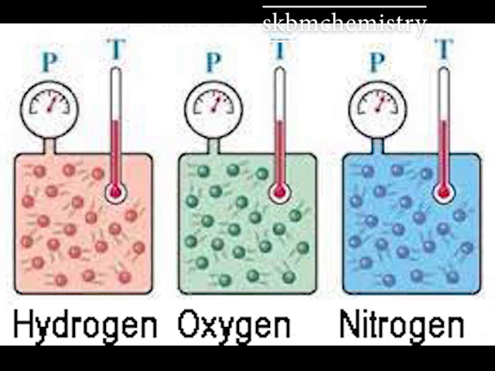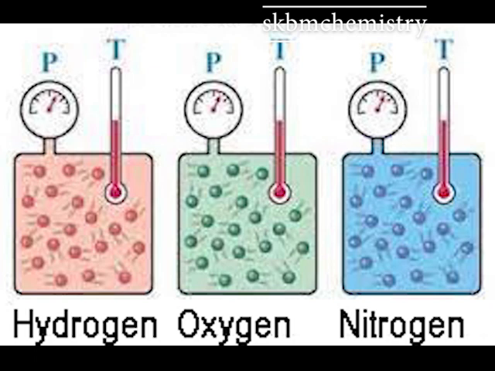Then we can find that all these flasks contain the same number of molecules irrespective of their nature, whether it is hydrogen, oxygen or nitrogen. It can be seen that all these flasks contain the same number of molecules.